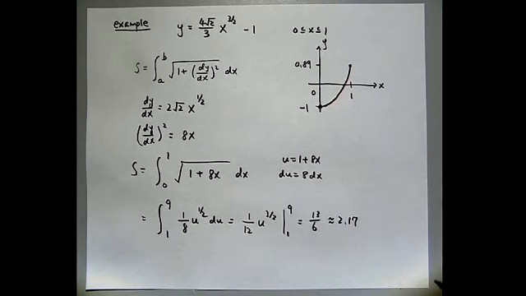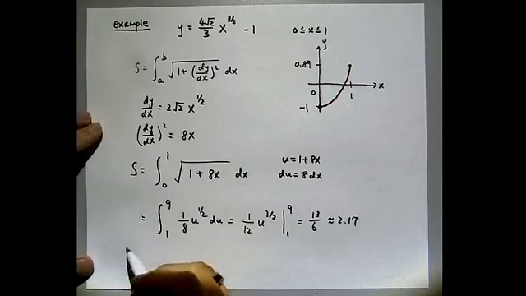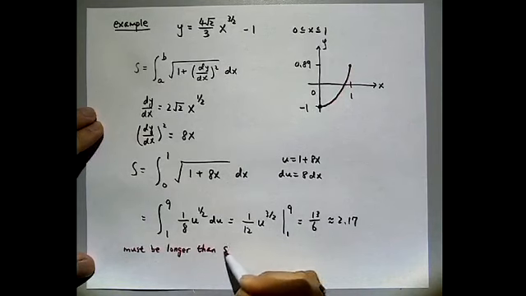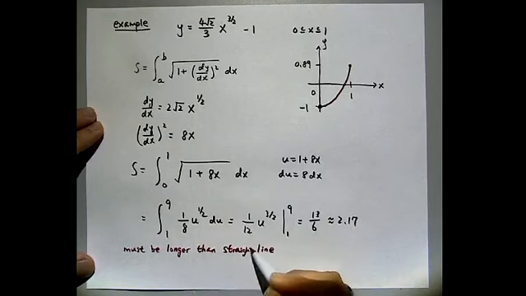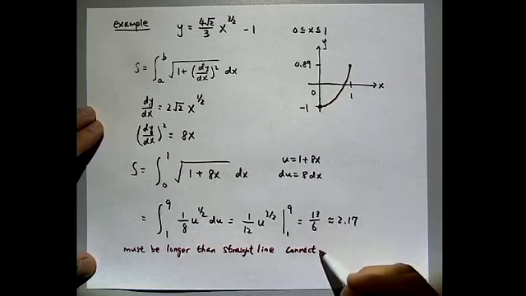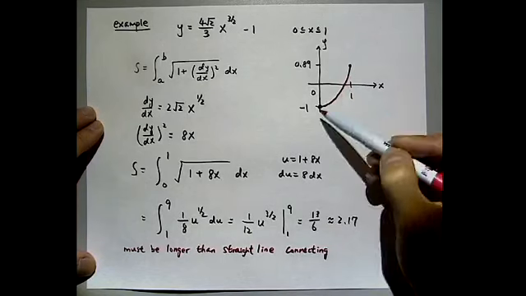Okay, so in general, we get this answer here. A good thing to do is to check to make sure this makes sense. We know whatever this is, it must be longer than a straight line connecting these two dots.